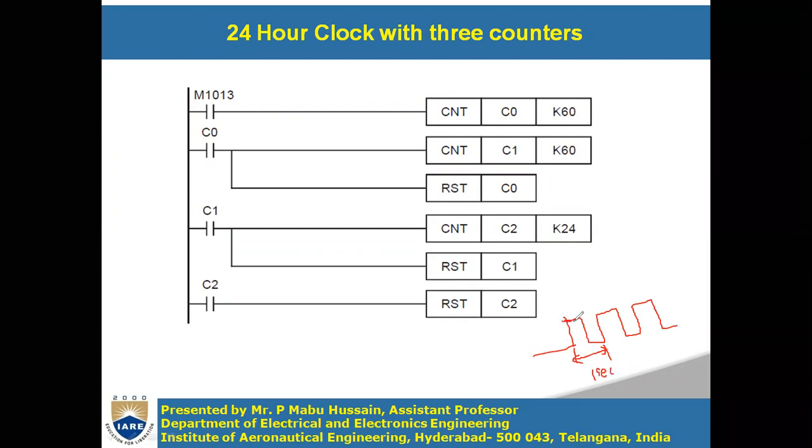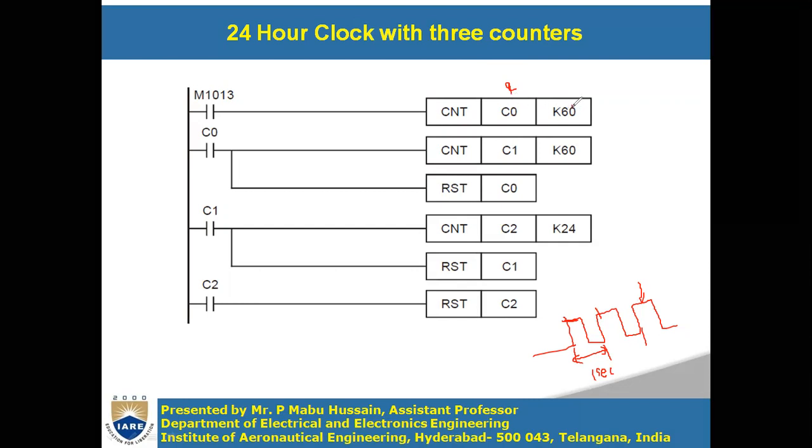Whenever it is on, this C0 value will increment by 1. After 1 second, again it will be on, and again it will increment by 1. After another second, again it will be on, and again increment by 1. Like that, for every second, this counter value will increment by 1.